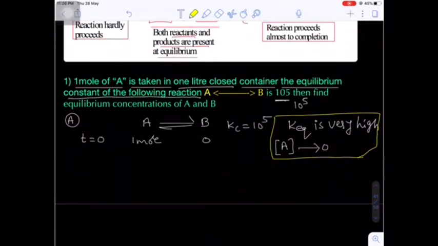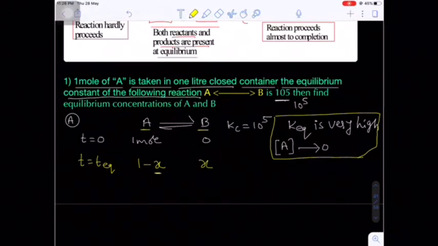Let's suppose the reaction attains equilibrium in the time interval T, the equilibrium time interval. Here I am subtracting x moles of A consumed, and x moles of B will be formed, because of the 1:1 stoichiometry ratio.